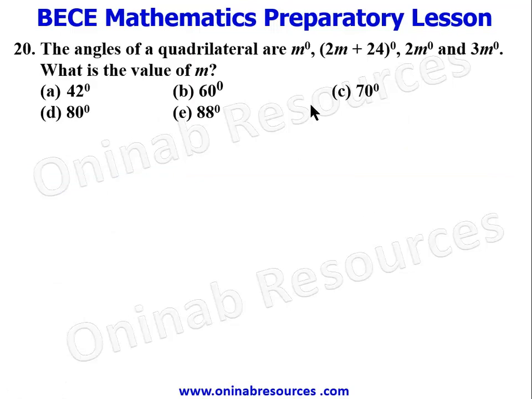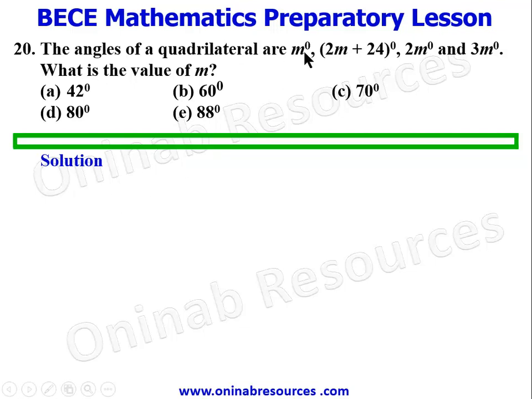Problem 20, the angles of a quadrilateral are m degrees, 2m plus 24 degrees, 2m degrees, and 3m degrees. What is the value of m? So we have options for the value of m. We have to solve this. The sum of angles of any quadrilateral is 360 degrees.